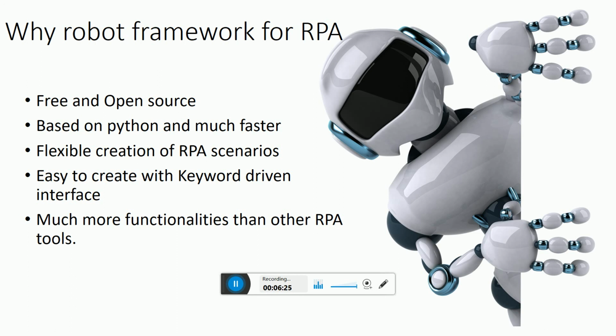Easy to create: you do not have to learn coding, you can create robotic process automation scenarios just with keywords. It has much more functionality than other RPA tools, and even has many more libraries than UiPath. So download Robot Framework and use it for robotic process automation.